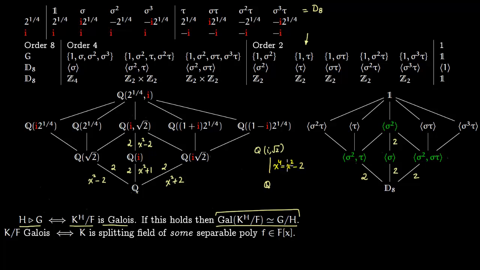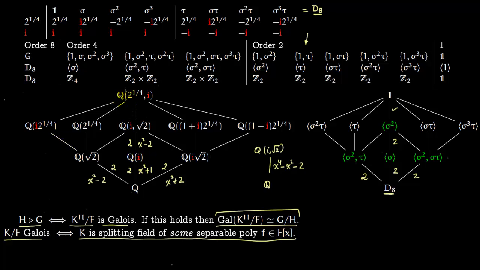Notice that this is not irreducible, it is a product of two polynomials, but that does not matter, it is still Galois and the degree is 4. Piece by piece you can consider 2 here, 2 here. Now these other extensions will also have degrees attached to them. So all these extensions have degrees attached to them, but they are not Galois.